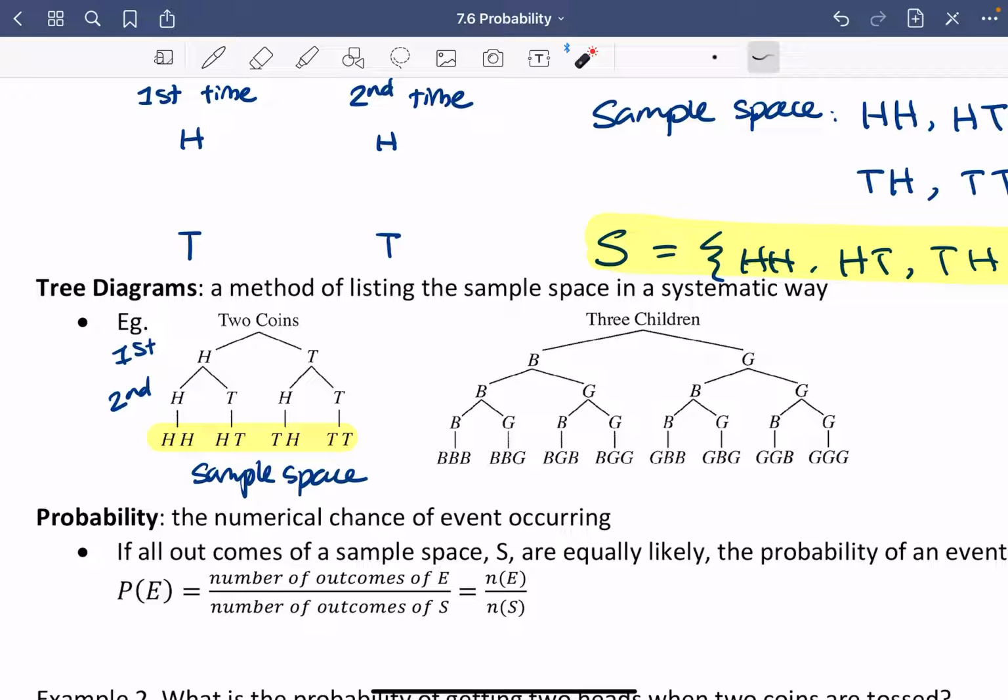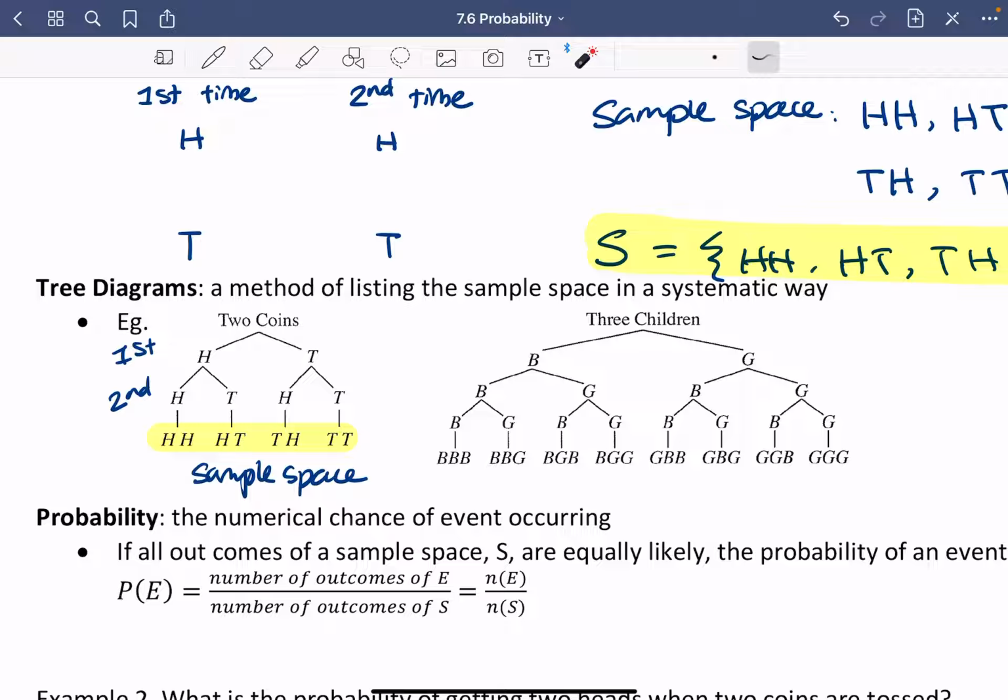Now, the second example here is three children. Three children were born in a family, and their sex is female or male. B stands for boys and G stands for girls. For the first child, it could be a boy or a girl.